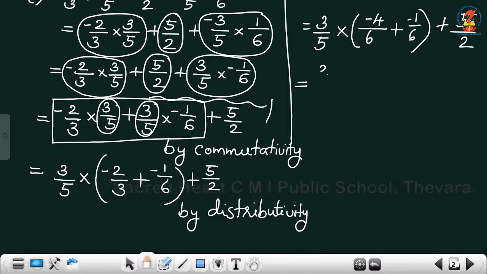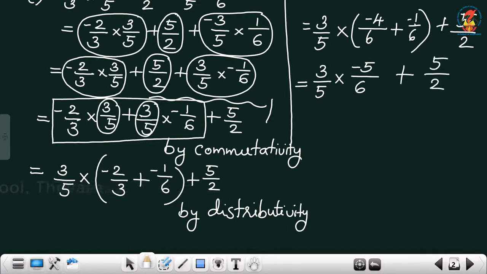equal to 3 by 5 into negative 4 plus negative 1, negative 5, then negative 5 by 6, then plus 5 by 2. Then we can cancel 5 and 5. What you will get it here? Negative 1.